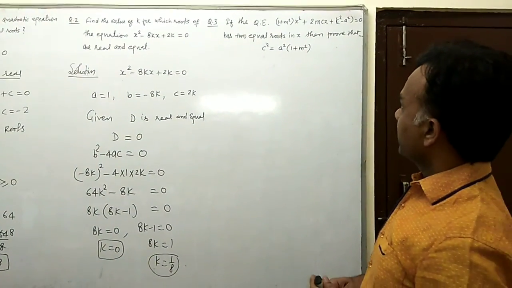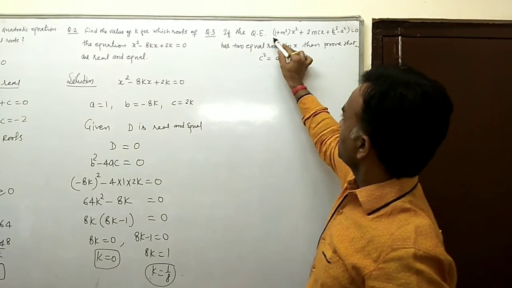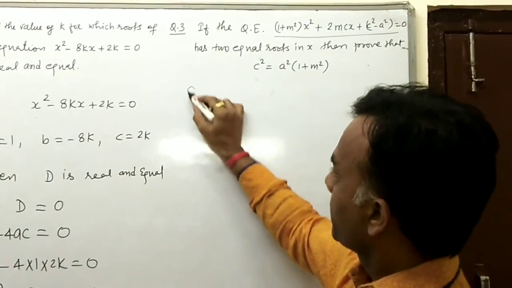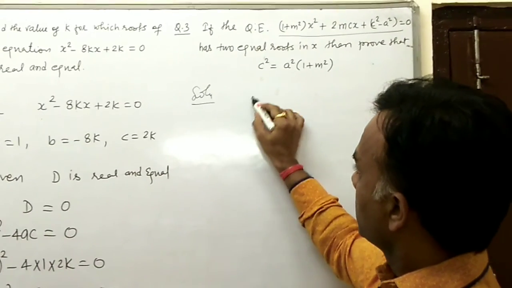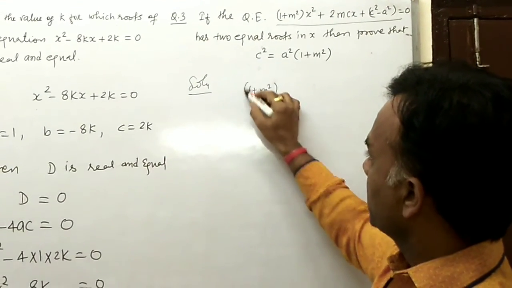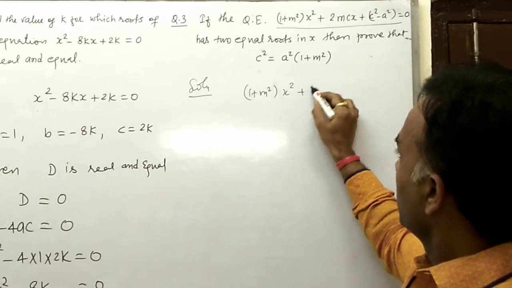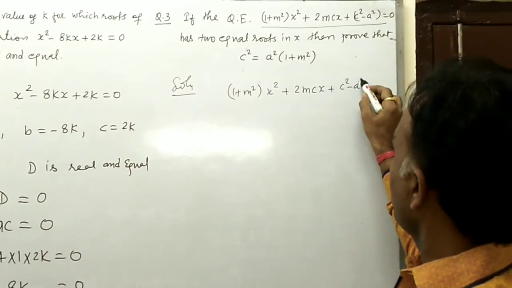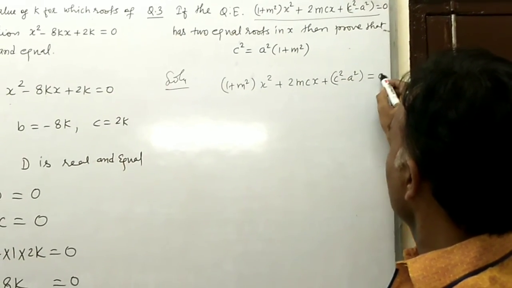Okay, now we have the last question for the specific condition, because this question is very different from the others. Now the quadratic equation is (1 plus m square) x square plus 2mcx plus c square minus a square equal to 0.